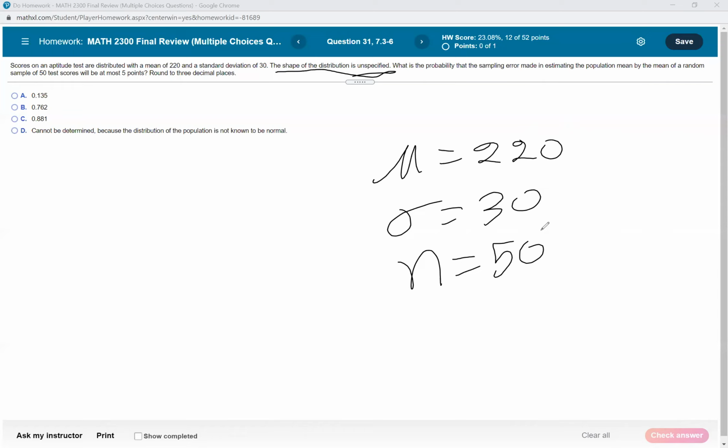The test score will be at most 5 points, so the sampling error will be at most 5 points.